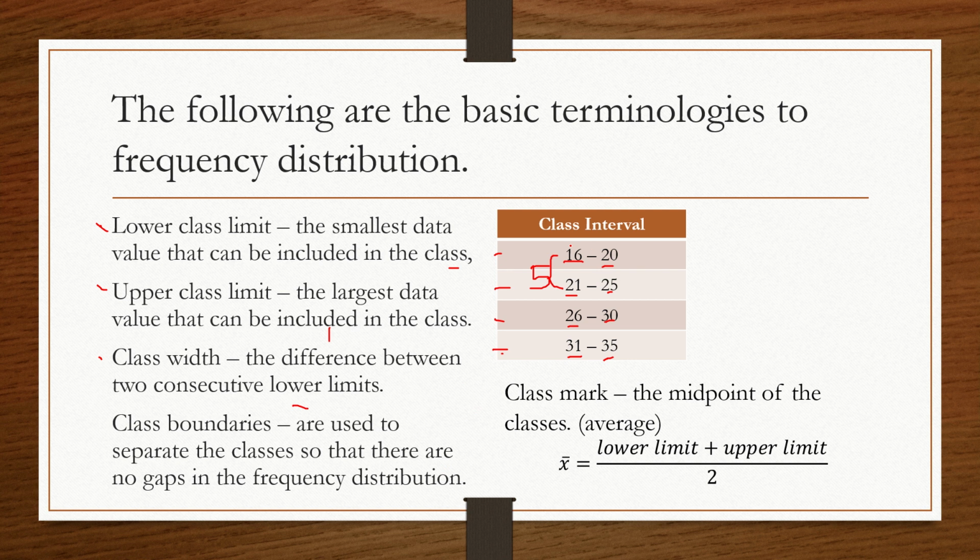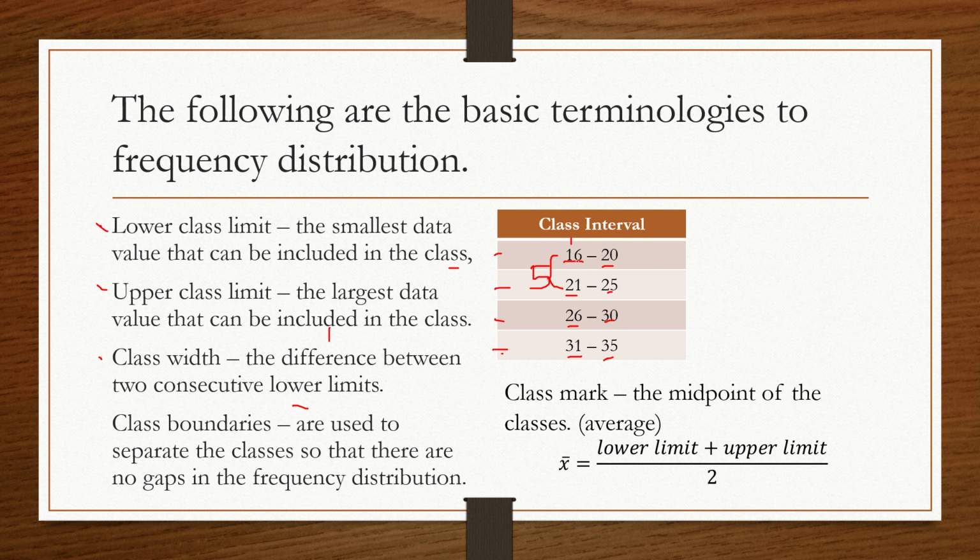Sa lower class boundary, titingnan mo is the lower limit. Magsusubtract ka lang po ng 0.5 sa lower limit para mahanap mo yung lower class boundary. And then, sa upper class boundary naman, ang titingnan mo is the upper class limit. Ano gagawin? Mag-add ka lang po ng 0.5.